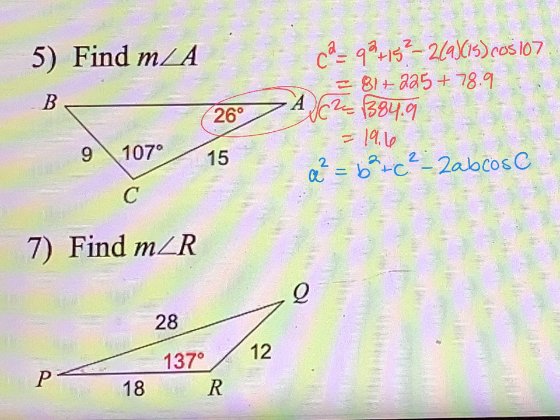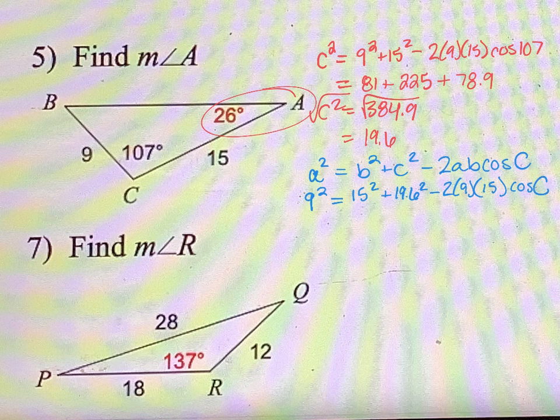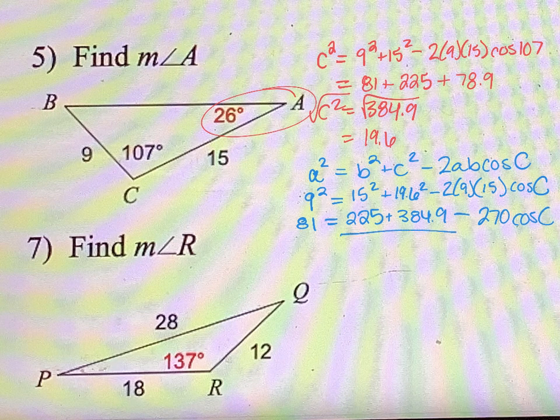Okay, so then we have 9 squared equals 15 squared plus 19.6 squared minus 2 times 9 times 15 times cosine of C. So then we're going to add these together first.